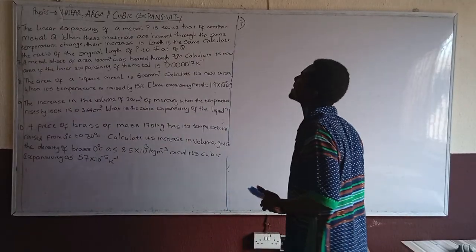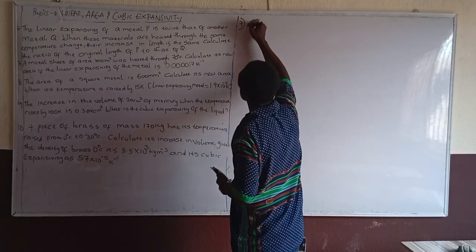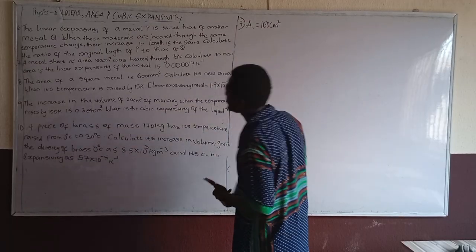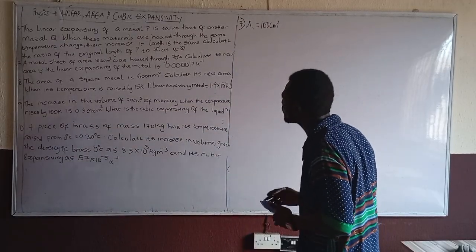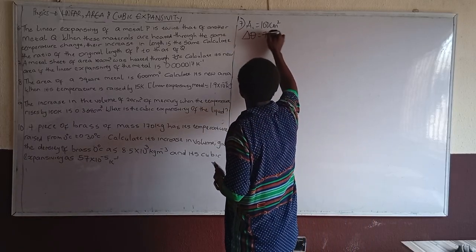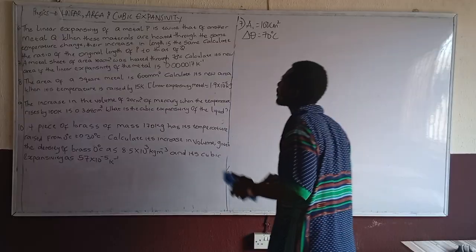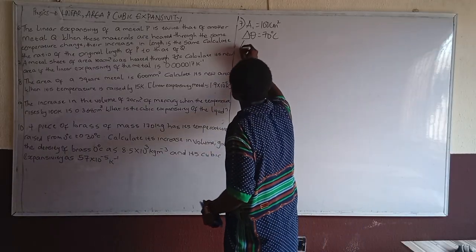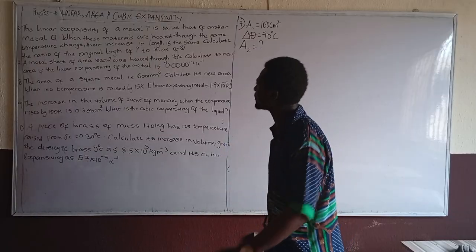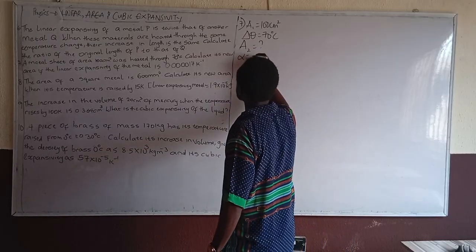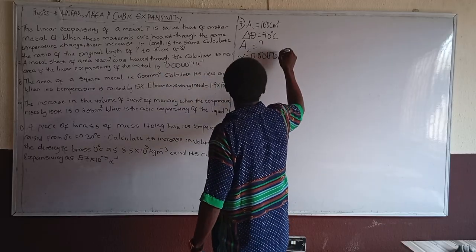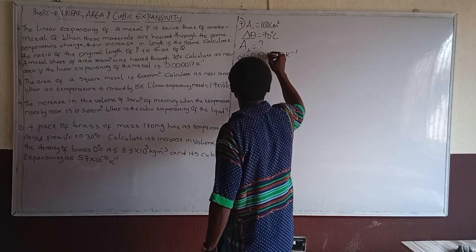They said a metal sheet of area, that is A1, 100 centimeters square, was heated through 70 degrees Celsius. That is delta theta is 70 degrees Celsius. Calculate its new area, that is A2, which means that A1 is the old or initial area. If the linear expansivity is 0.000017 per Kelvin.